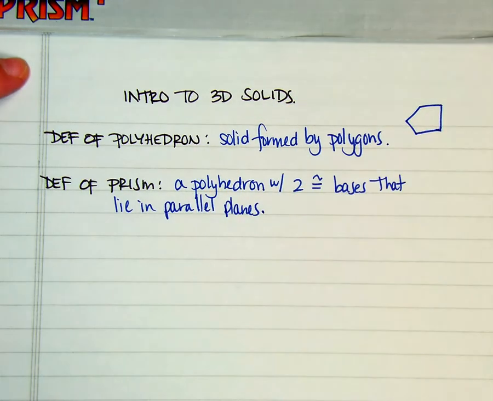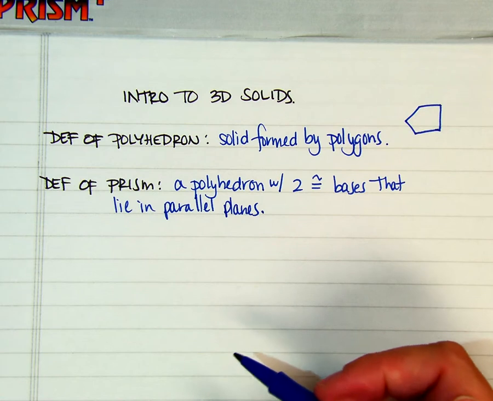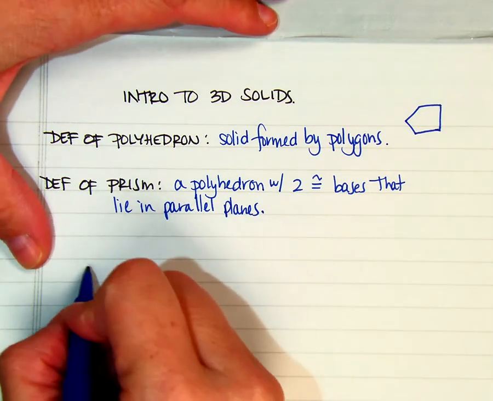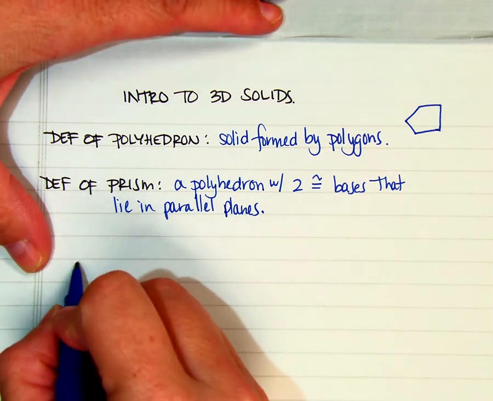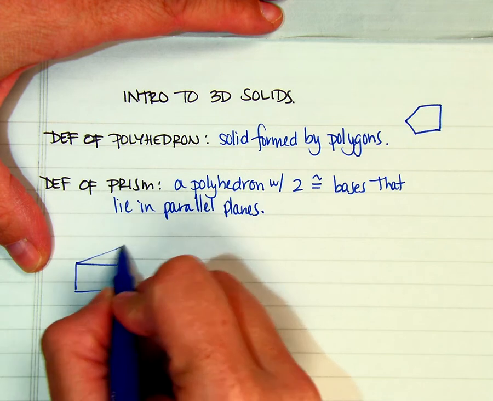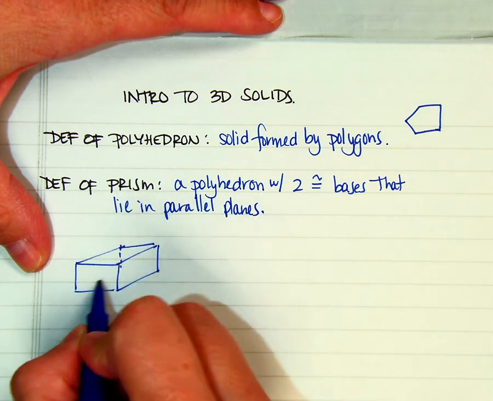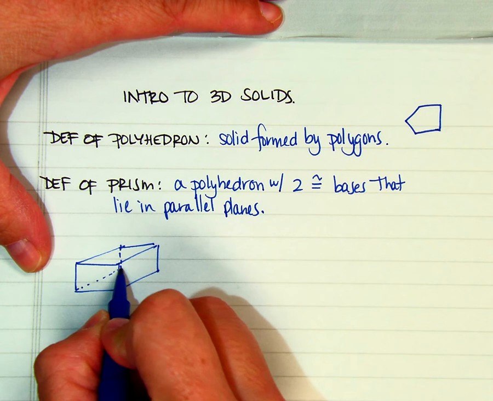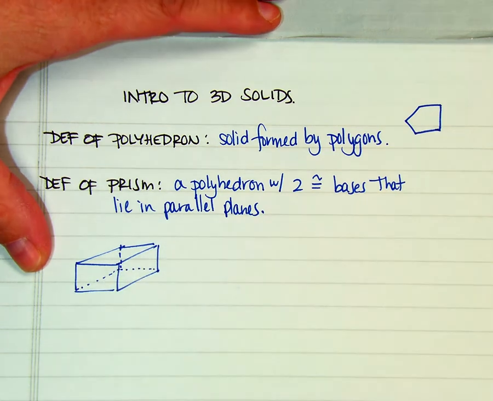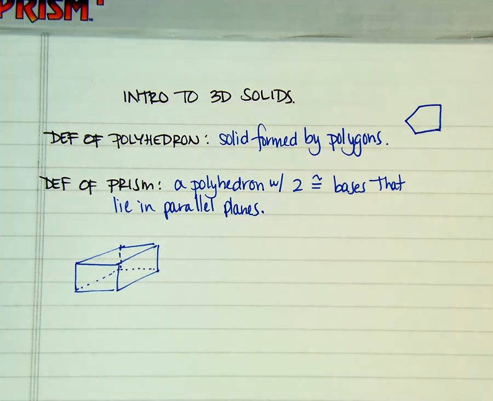Okay, so an example of a prism might be a rectangular prism. And why are these dotted? The reason they're dotted is because they are edges that are there, but you cannot see them.